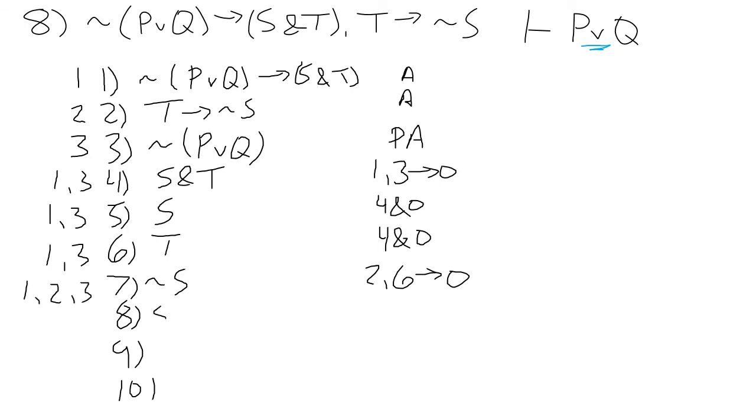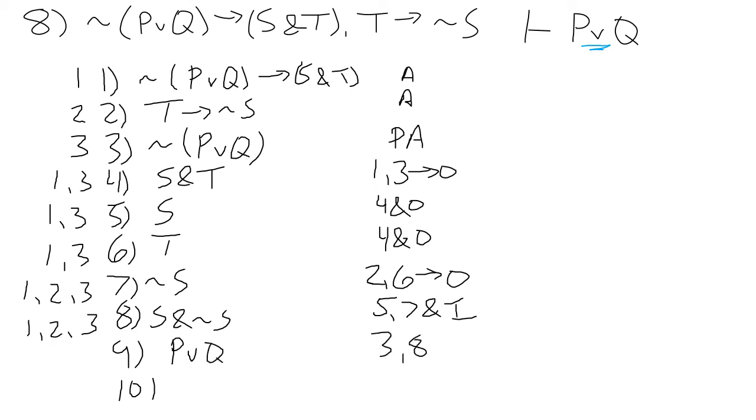And now we got our pieces for a contradiction. So that's 5 and 7, ampersand in. 1, 2, and 3. Now we got a contradiction, depends upon our PA and 3, so we can tilde out on our PA. And that will drop 3 out as we do tilde out, so we don't need 10 here.